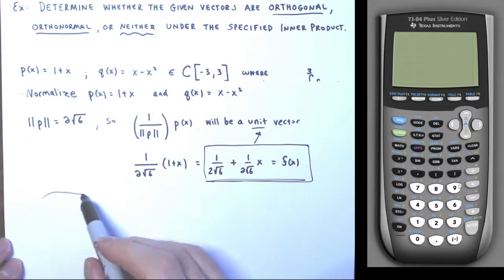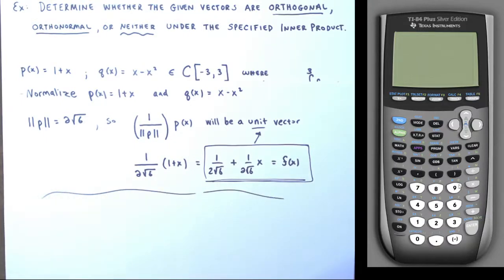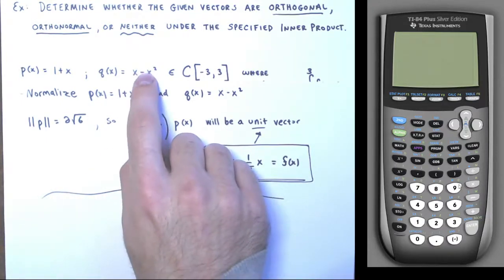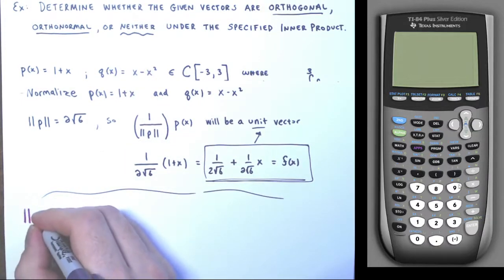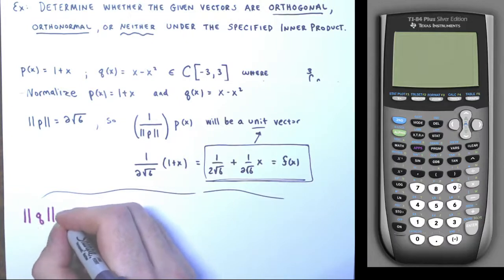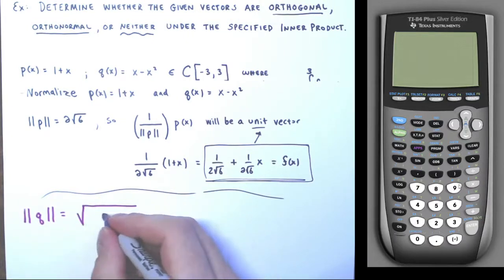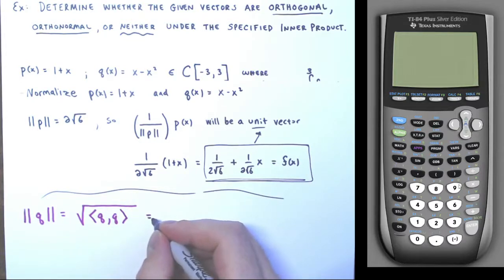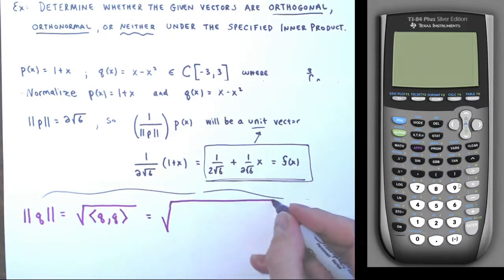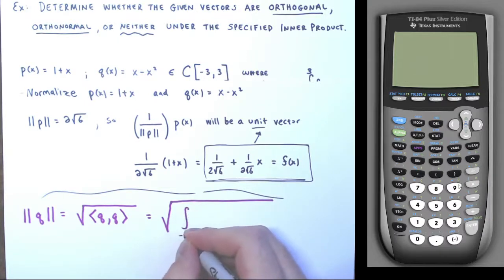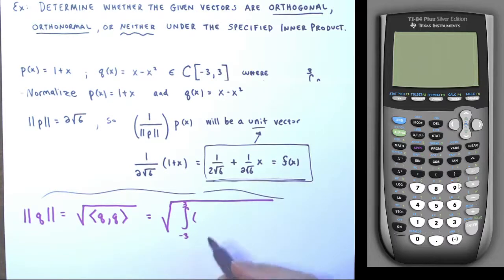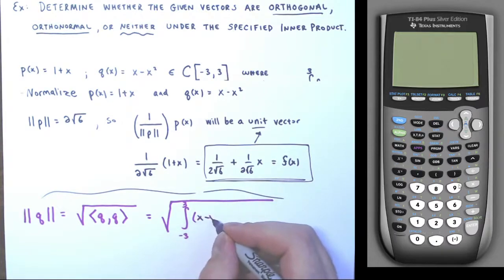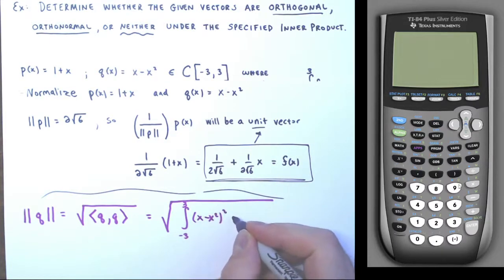Alright, and let's do the same thing for q. Right, q of x was x minus x squared. Let's find the norm of q. Remember, that's the square root of the inner product of Q with itself. So this is the square root of the integral from -3 to 3 of Q squared, the product of Q and Q, so the quantity x minus x squared, with respect to x.